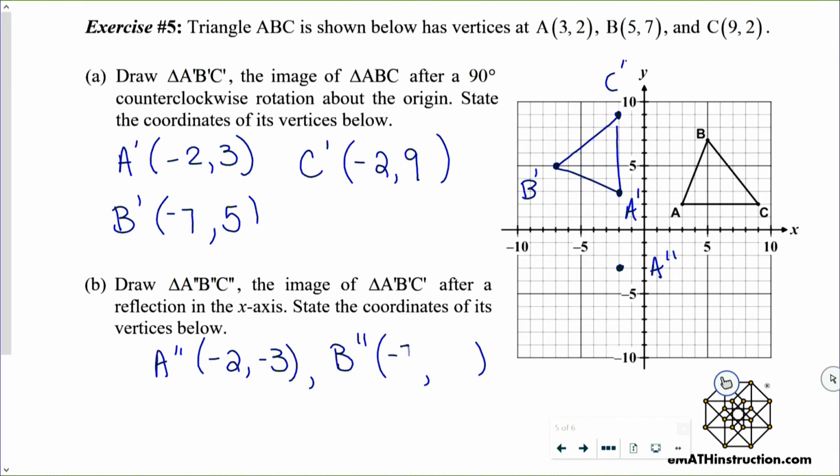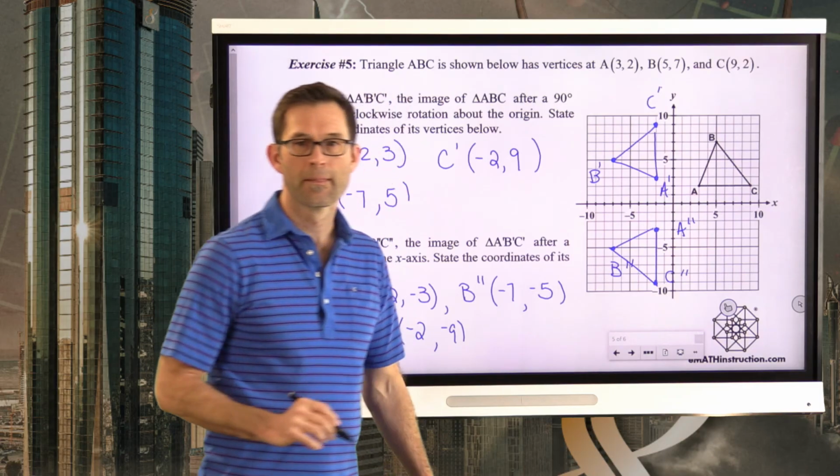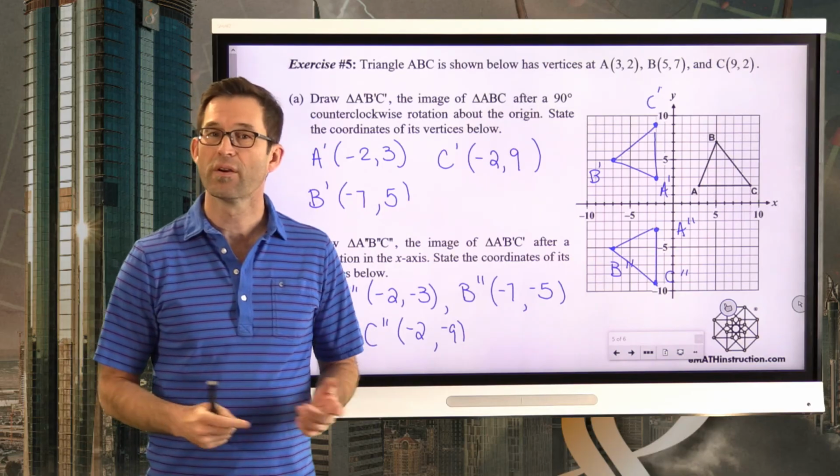It will be now at (-7, -5). So it'll be right here. B'', and finally C'. C' is at (-2, 9). So now we're going to have (-2, -9). And our triangle. Great. And there it is, right?